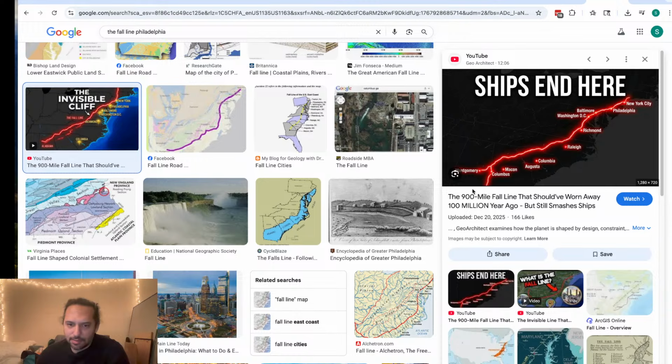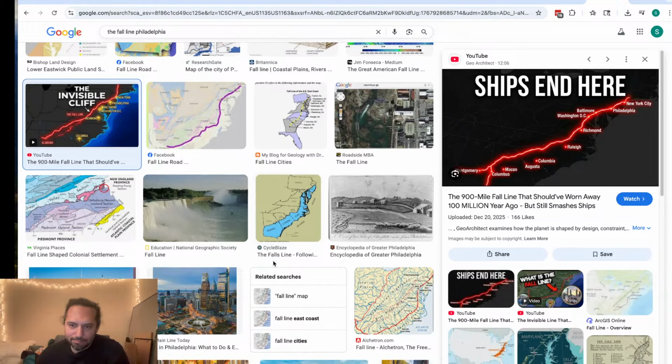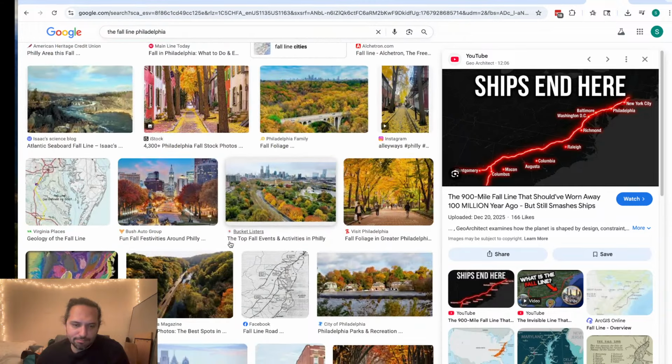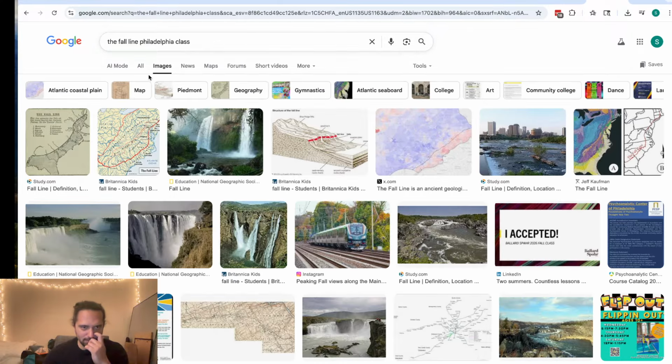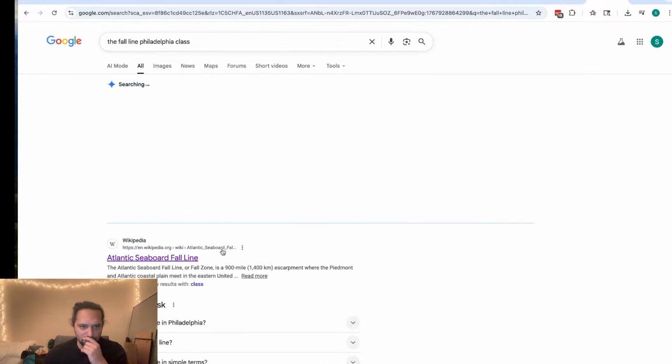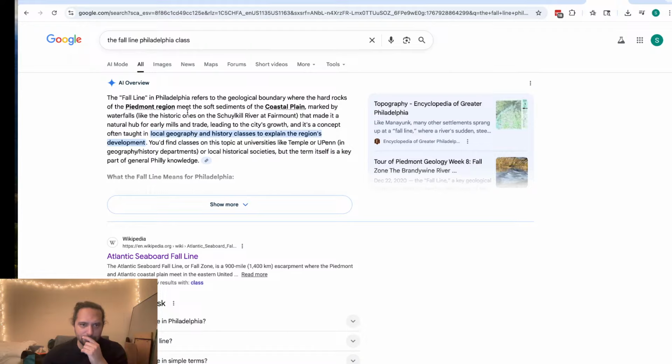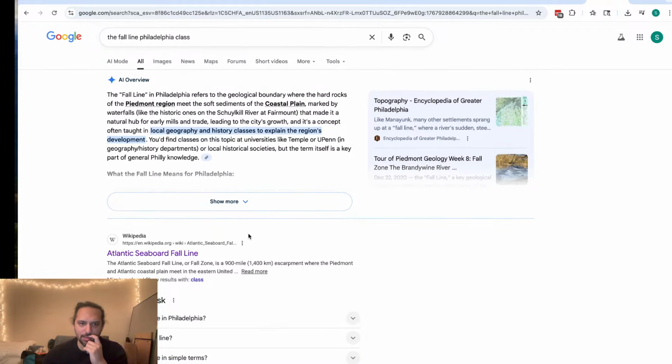Look at that. Interesting, right? Yeah, Philadelphia class. Let's see. The fall line refers to coastal plain.